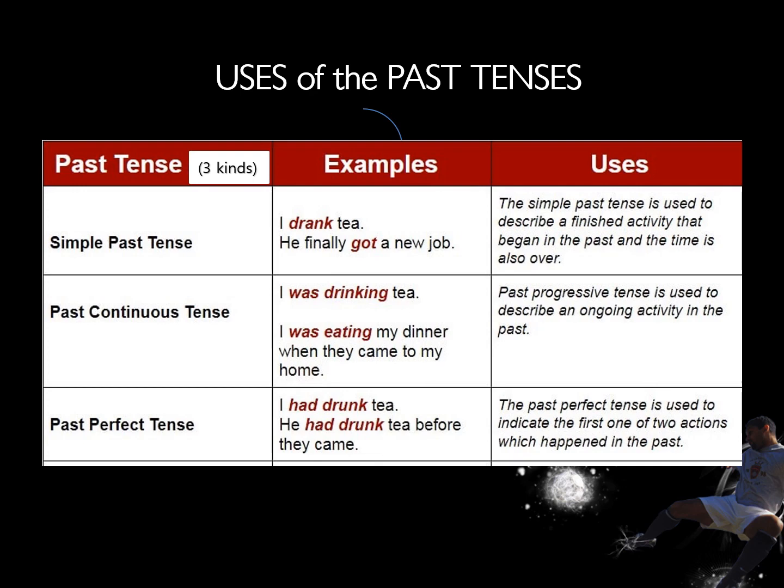Let us now move on to the past continuous tense. Examples: I was drinking tea. I was eating my dinner when they came to my home. Past progressive tense is used to describe an ongoing activity in the past.